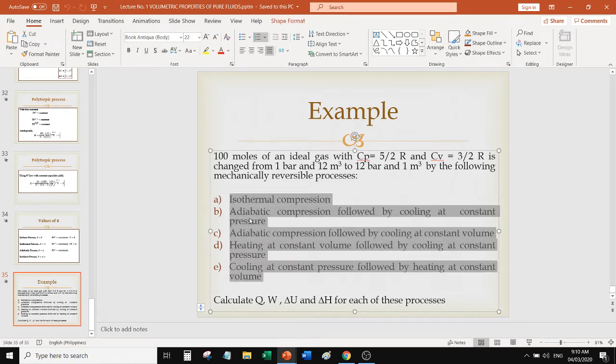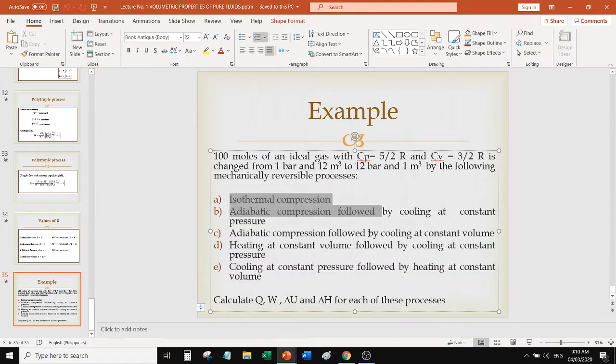So different processes, and we need to solve them one by one, and we need to calculate these parameters for each of these processes.